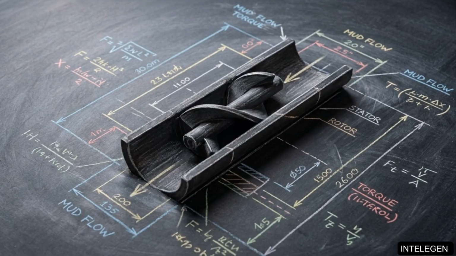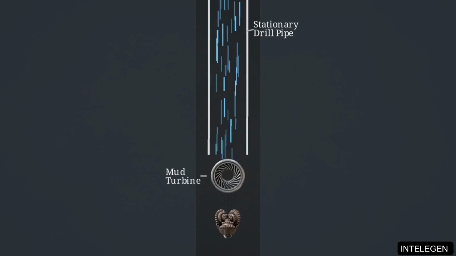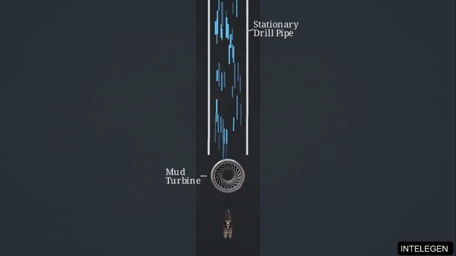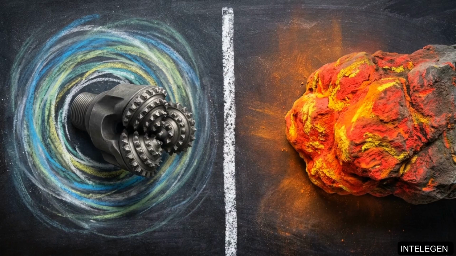To bypass this, Soviet engineers perfected the downhole mud motor. The main drill pipe remains stationary, while highly pressurized drilling mud is pumped down the shaft to power a turbine located directly above the drill bit. This causes only the bit itself to spin, drastically reducing the torsional stress on the drill string. This solved the friction problem, but it introduced the metric that dictates all deep earth exploration: the geothermal gradient.